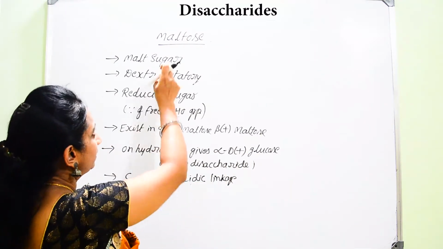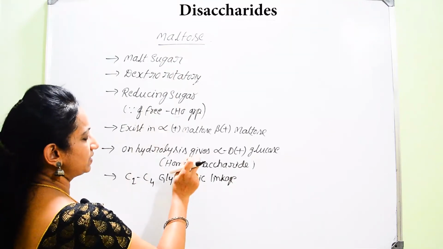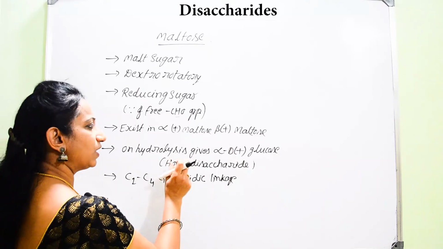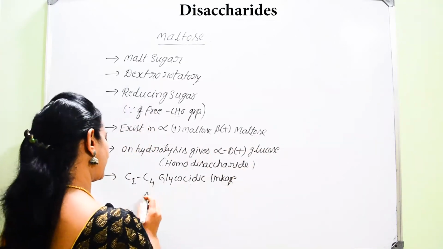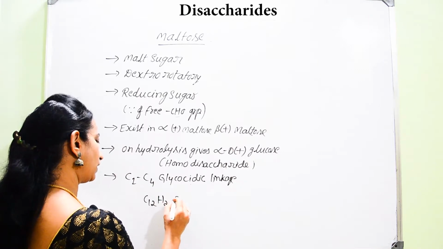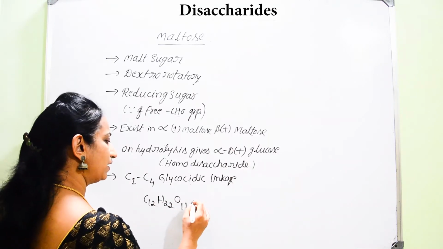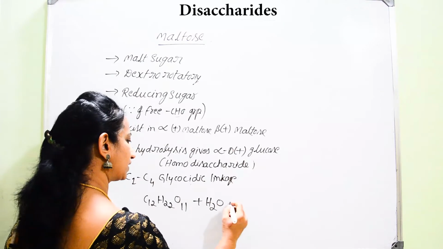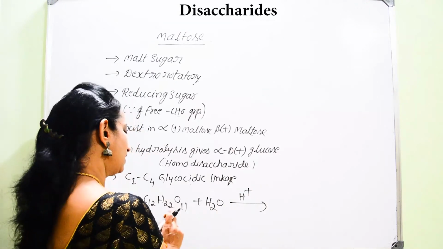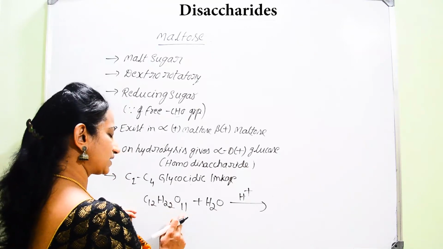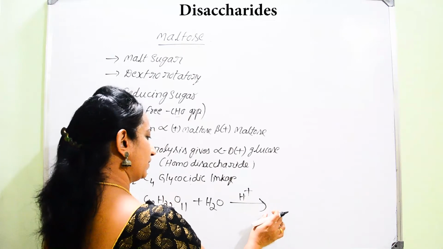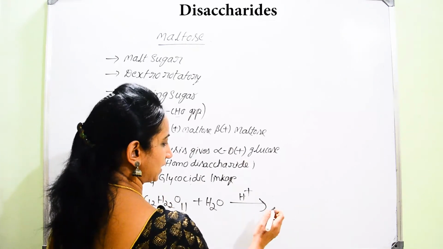When this maltose sugar is subjected to hydrolysis, I can write the formula as C12H22O11, that is the disaccharide unit, which on hydrolysis in acidic medium undergoes splitting to give monosaccharide units.